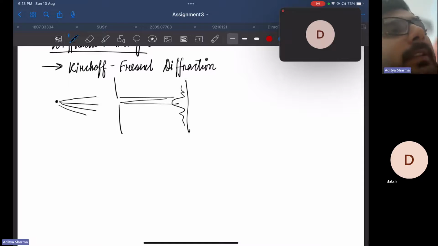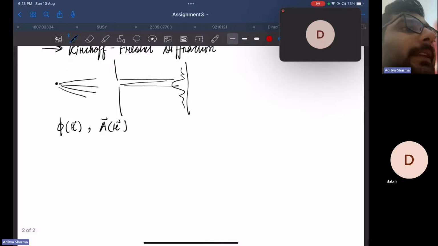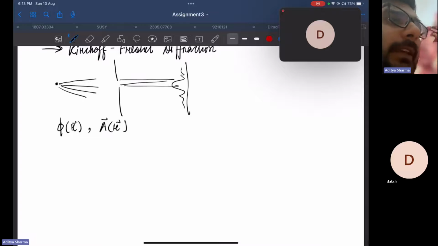We found the potential in this case, and to find the electric field and magnetic field, we just have to take the curl and the gradient. Curl of A is equal to B, and minus gradient of phi minus the time derivative of A will give you the electric field.